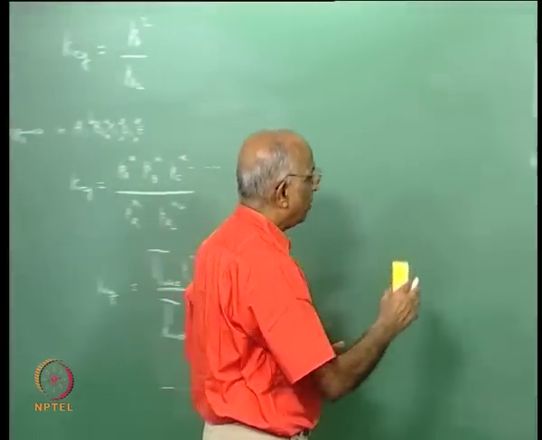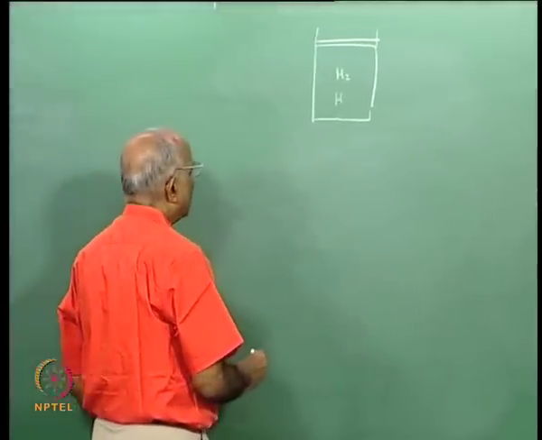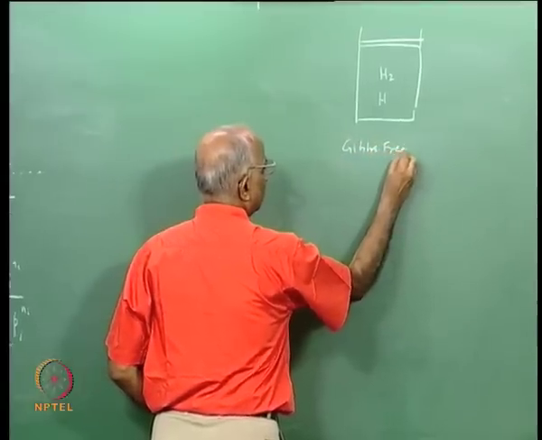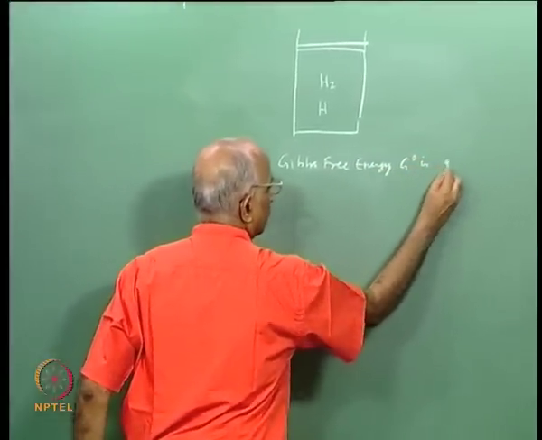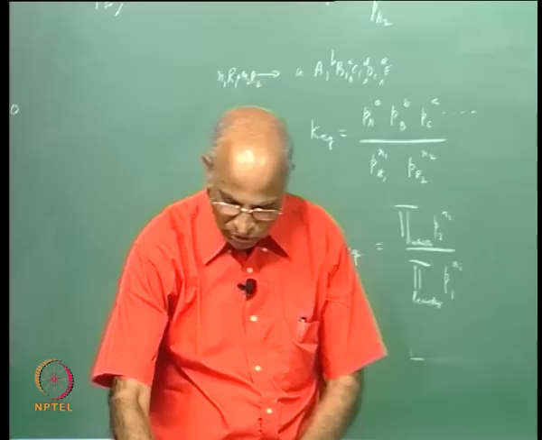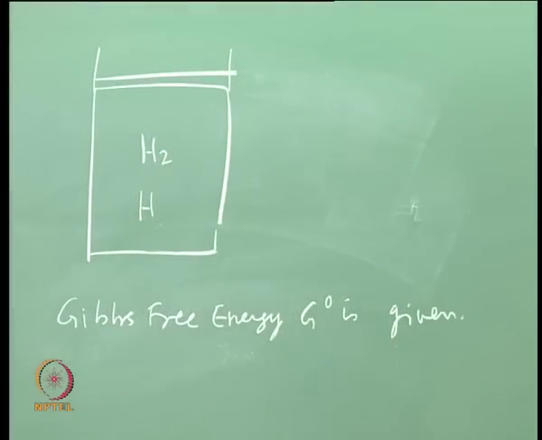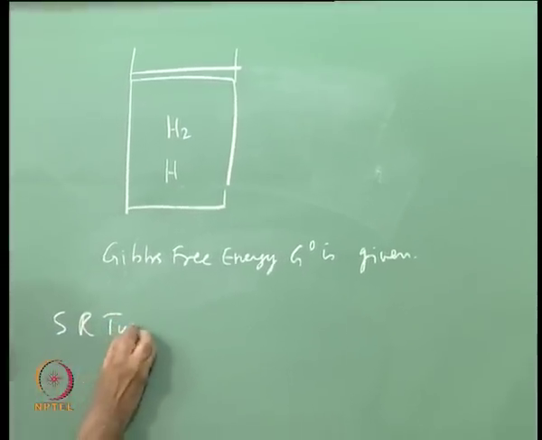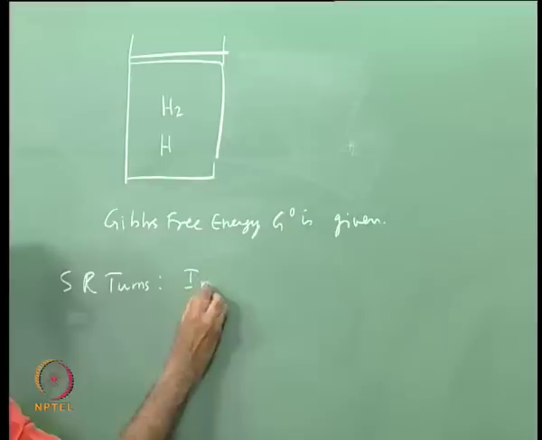Let us go back to this problem we were wanting to do. If we take any book on combustion, the values of standard Gibbs free energy at a given temperature are given. I will take the values from one of the books which you all use very often, Introduction to Combustion by S R Turns.